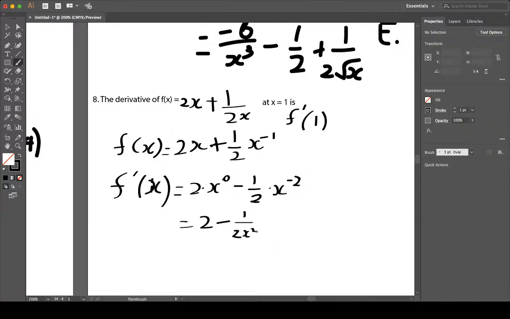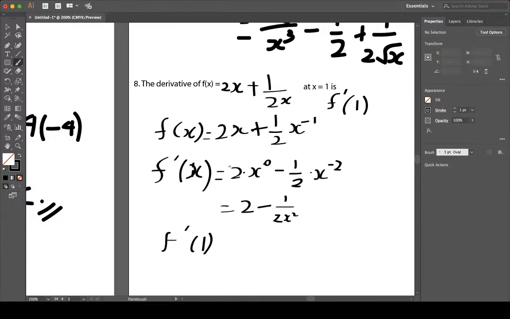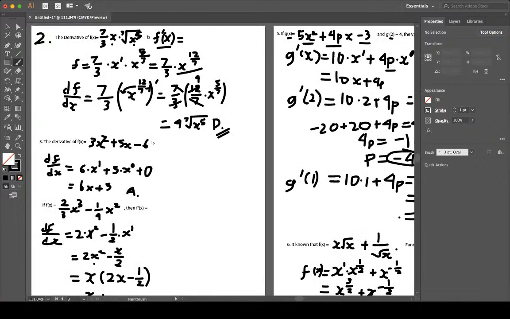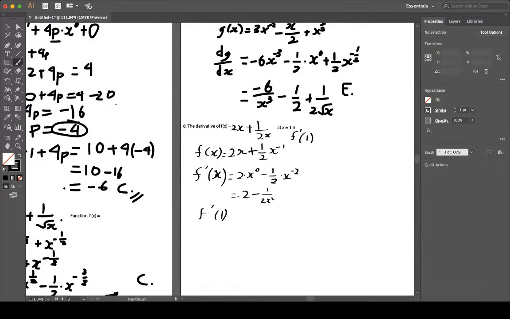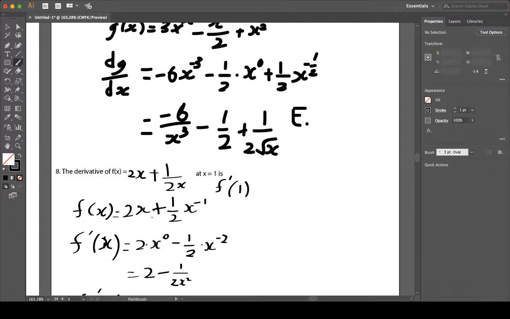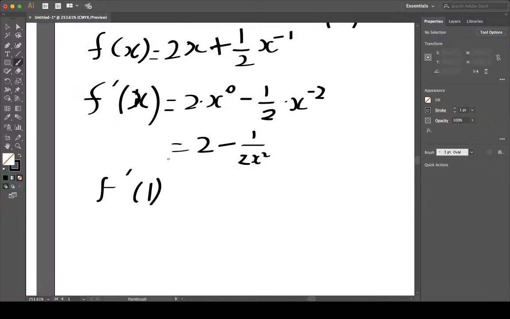So let's evaluate this. I think I just switched up sometimes. Starting off, we had df over dx, and then getting longer, I'm just mixing those two, but they mean the same. So this would equal f prime of 1.